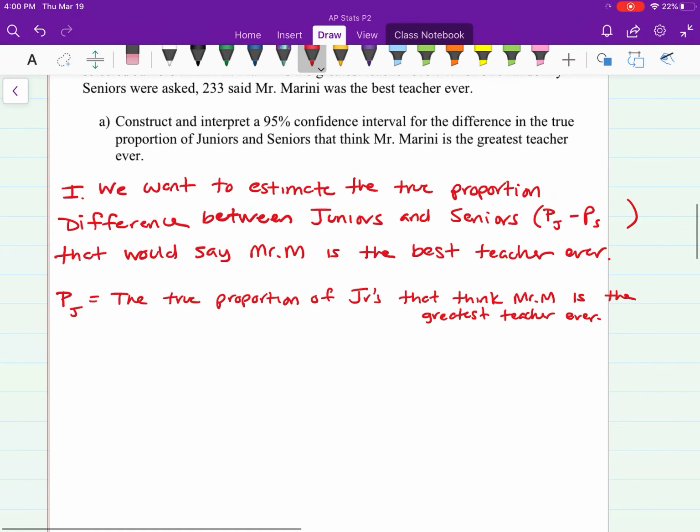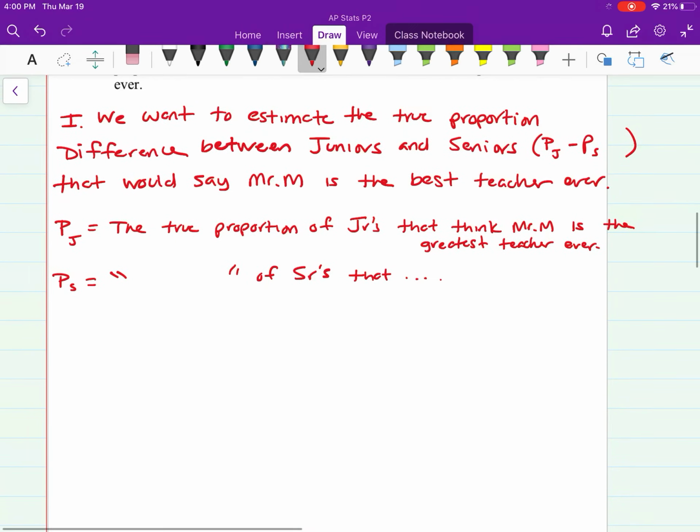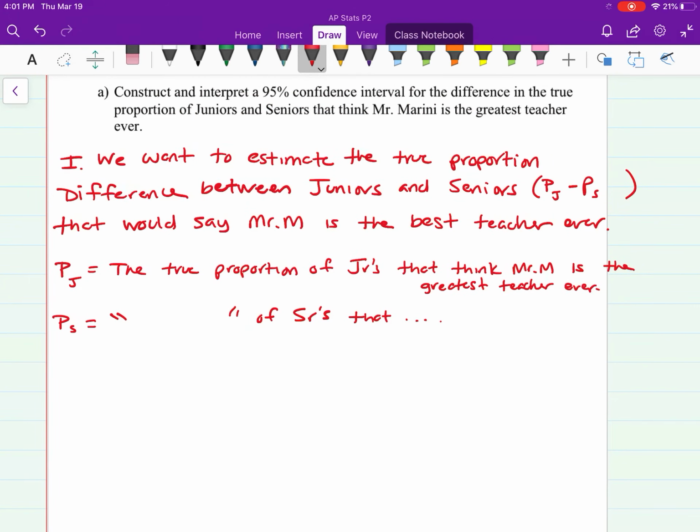And then similarly, PS is yada, yada, yada, the true proportion of seniors that think Mr. Marini is the greatest teacher ever. All right, so that's step one.